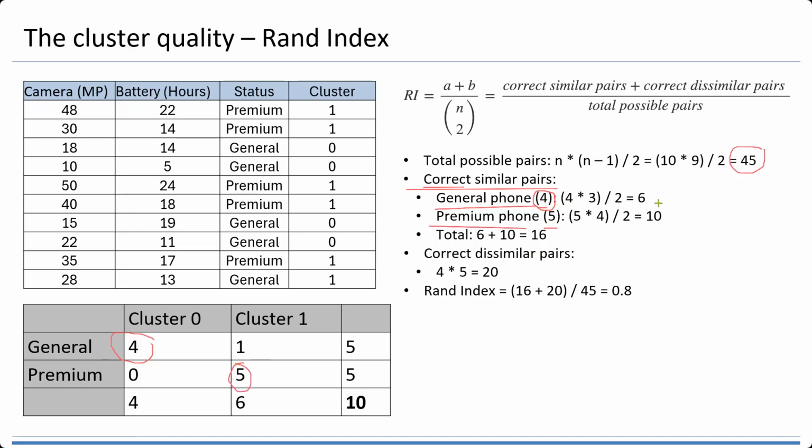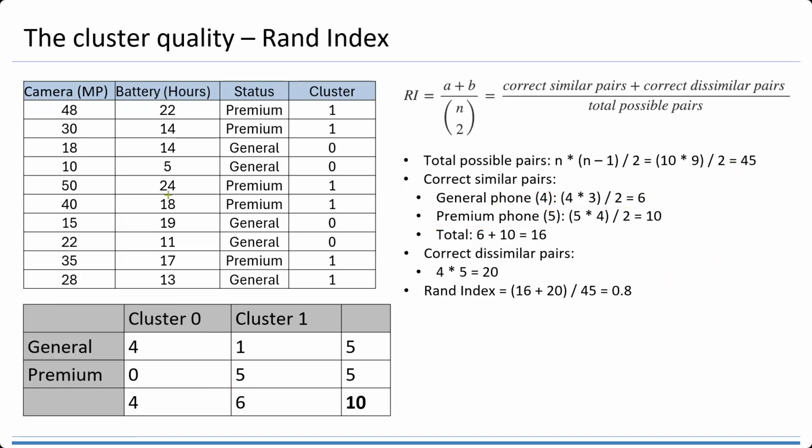Then in total, we can use again the combination, 4 multiply by 4 minus 1 divided by 2. Then it will be 4 multiplied by 3 divided by 2. Then we have 6.